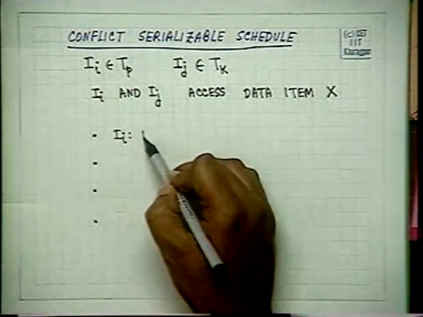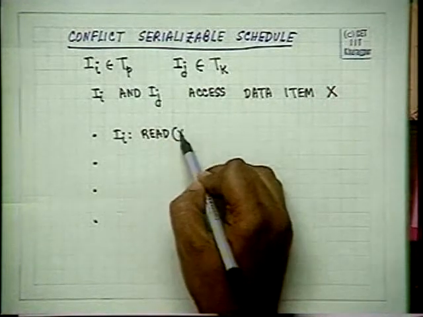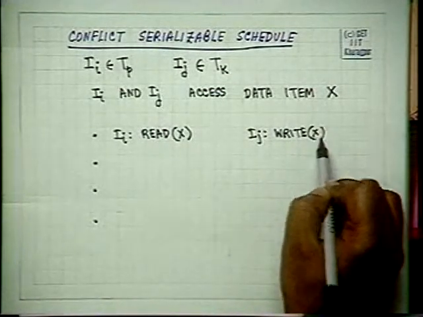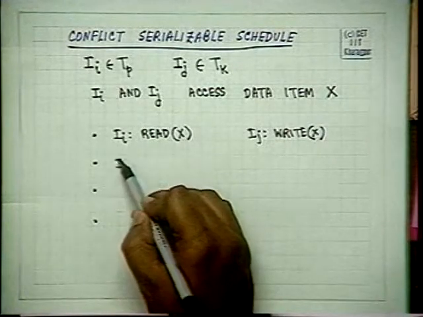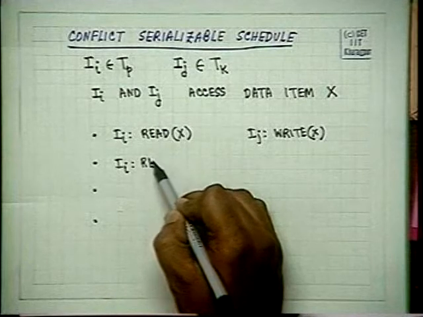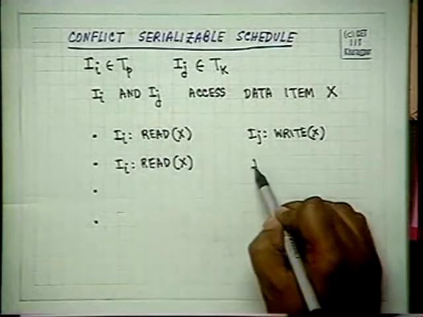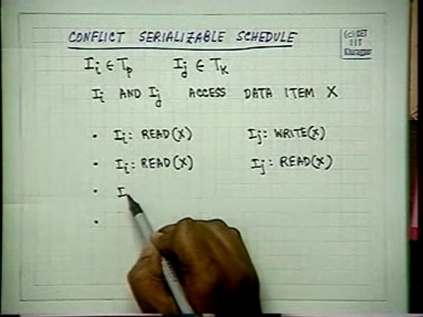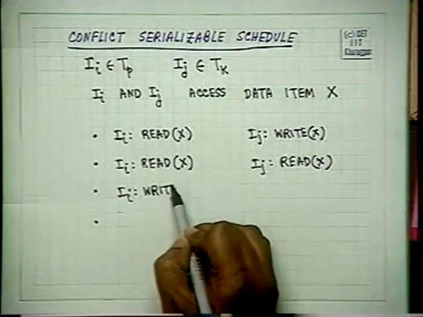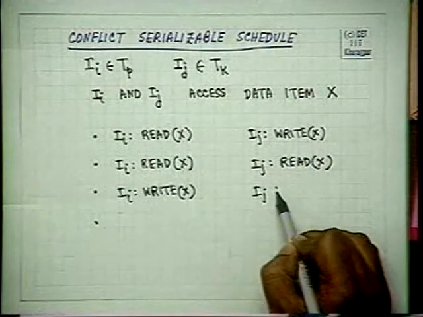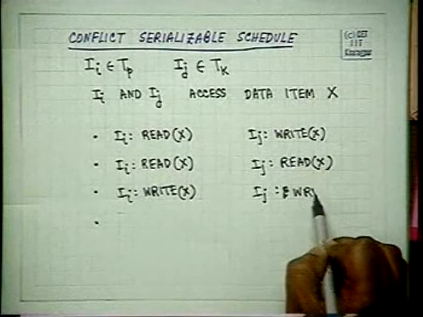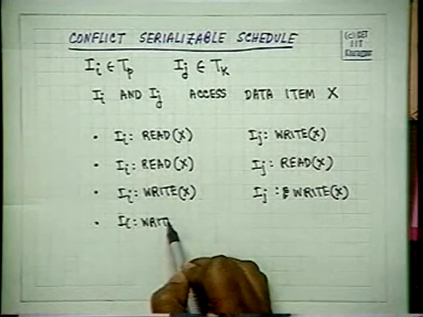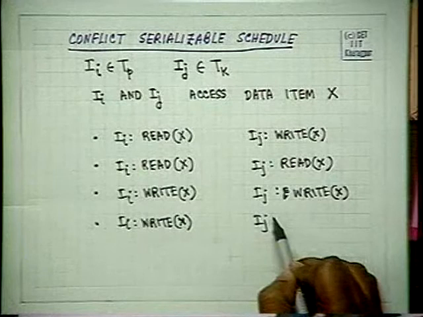Ii is read X and Ij is write X. Ii is read X, Ij is read X. Ii is write X, and Ij is write X. And Ii is write X, and Ij is read X.